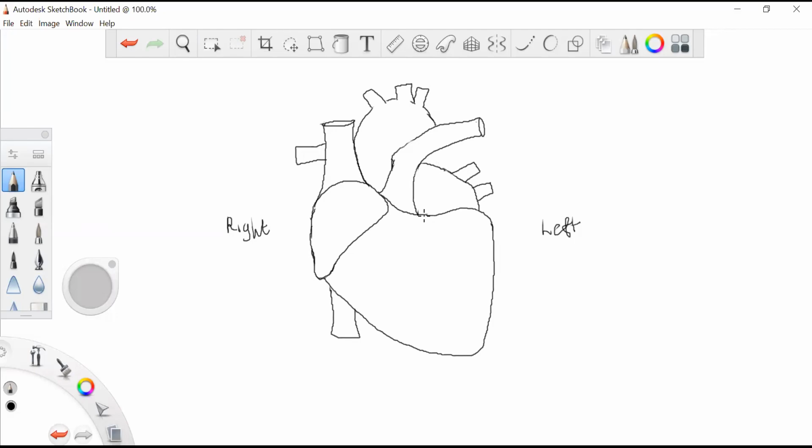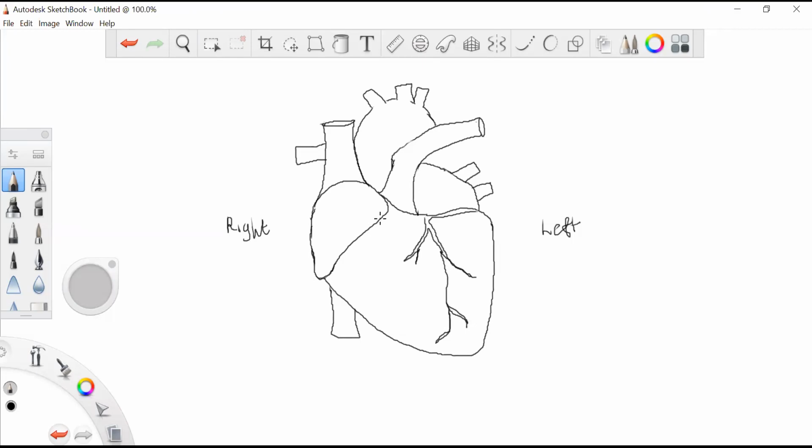Okay, so I'm going to just sketch the coronary artery here. You may want to add in some details. There you go.